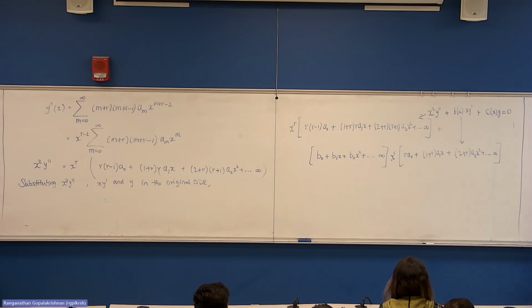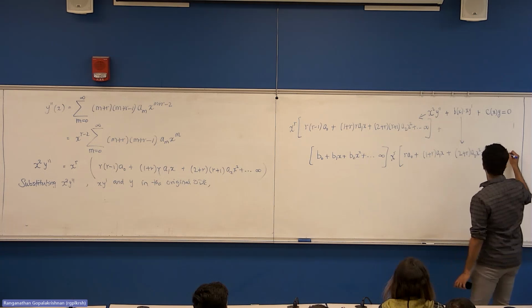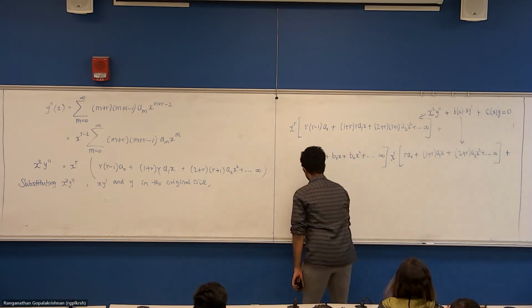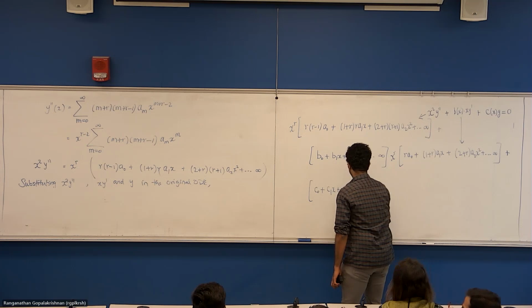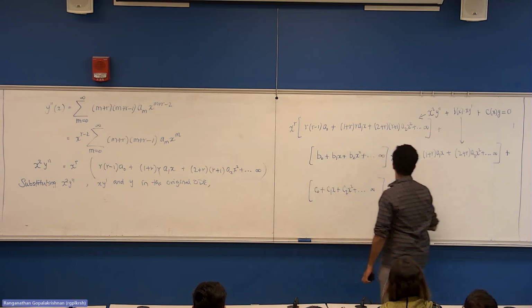Okay, and the third term, we're going to write plus c naught plus c1 x plus c2 x squared plus and so on up to infinity.